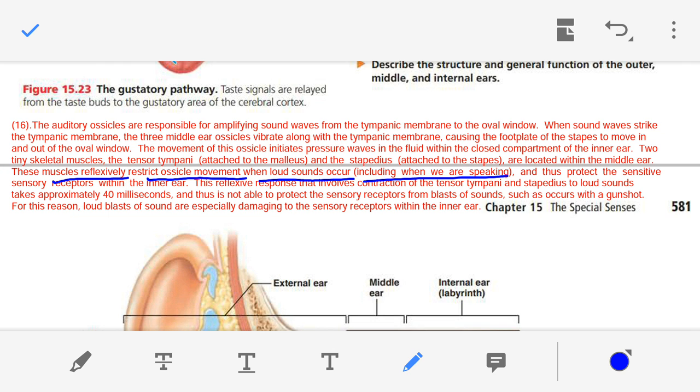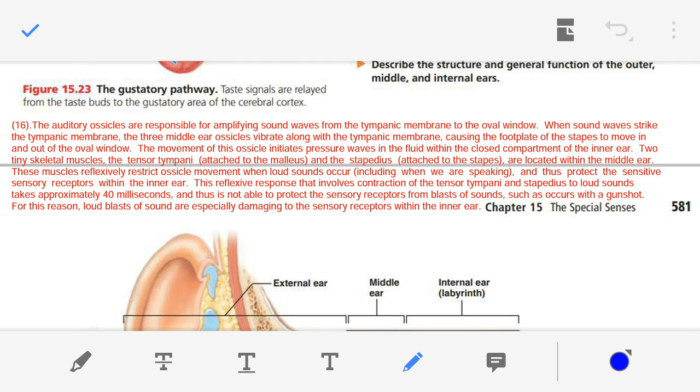When we are speaking, the reflex of this muscle also restricts ossicular movement, and as the ossicle movement is restricted, the fluid in the internal ear is not going to be pressurized. And as the fluid is not pressurized, it will protect the sensitive sensory receptors within the ear.